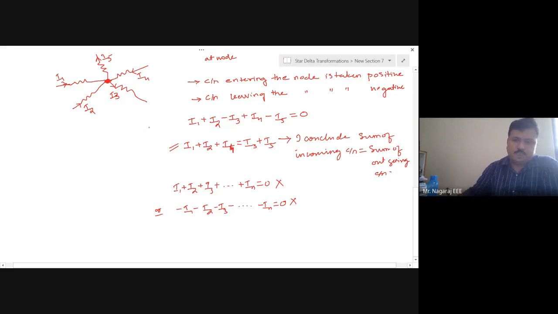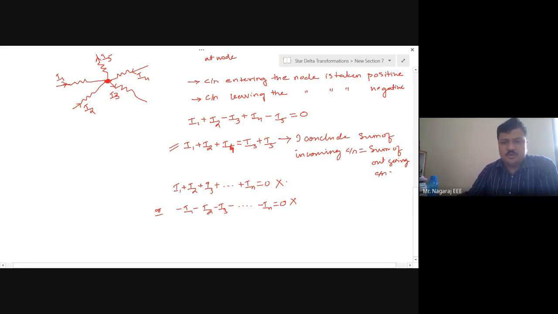The magnitude of current cannot be less than 0; either it is 0 or greater than 0, because it is a magnitude. Minus always indicates direction.